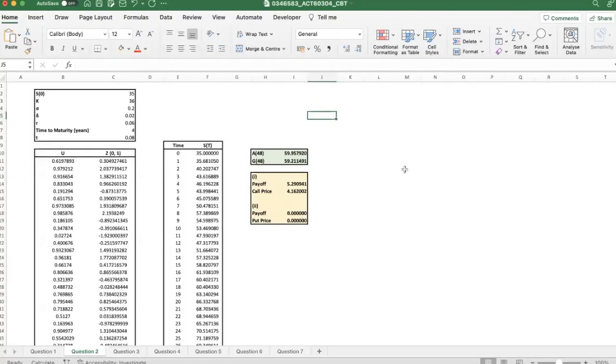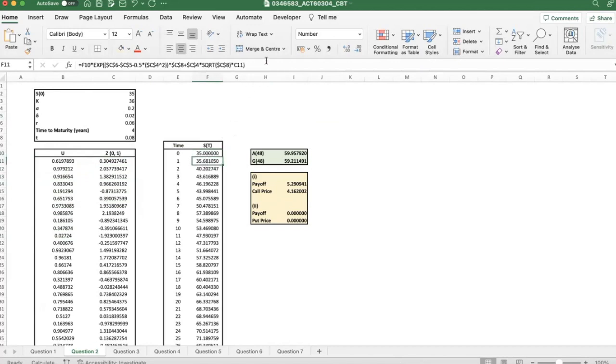Okay. So as we can see here, this is question 2. We've already moved all the numbers from the question to the Excel sheet here. And then by using the inverse of normal, we will get the Z scores for the random numbers generated. Okay, so using the formula just now, we define ST, which is the stock price at time 0.